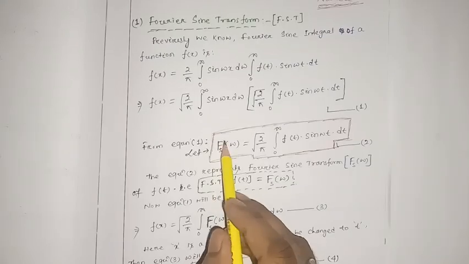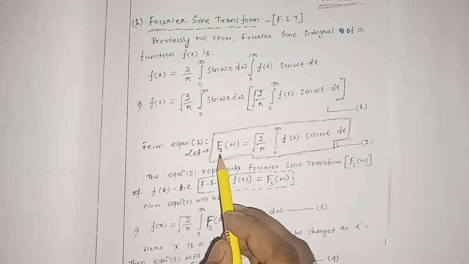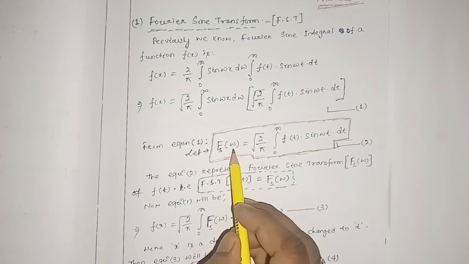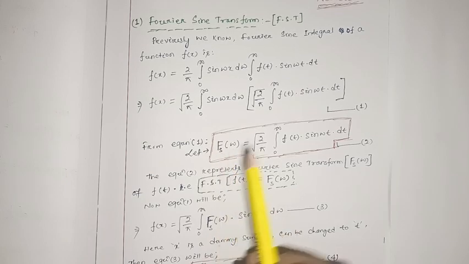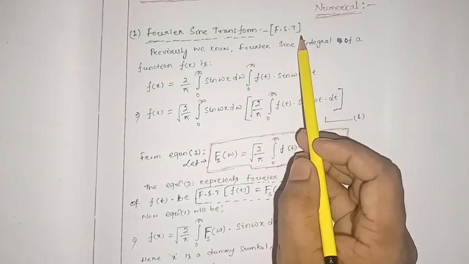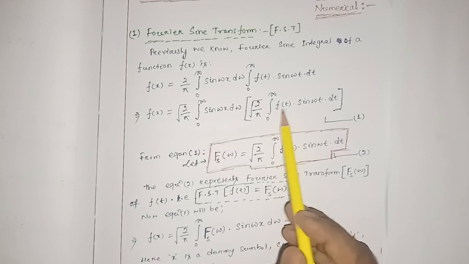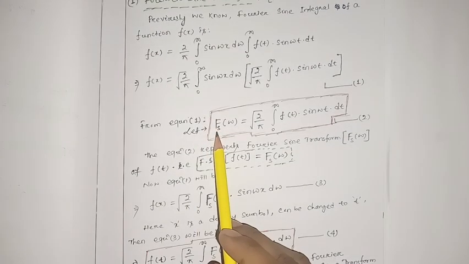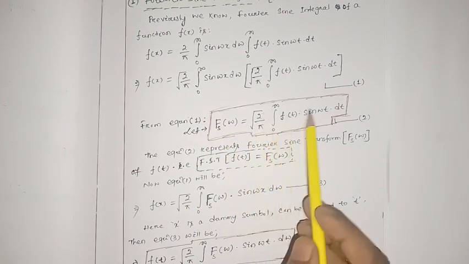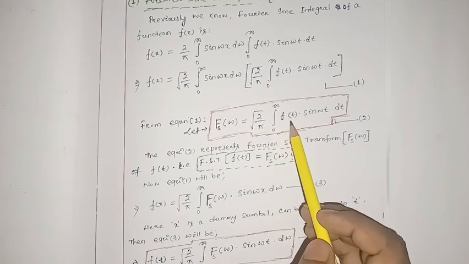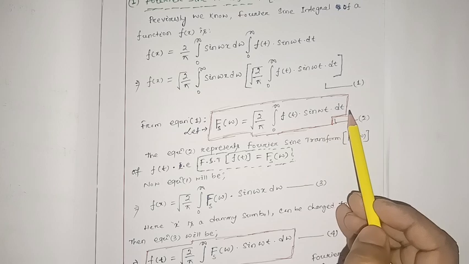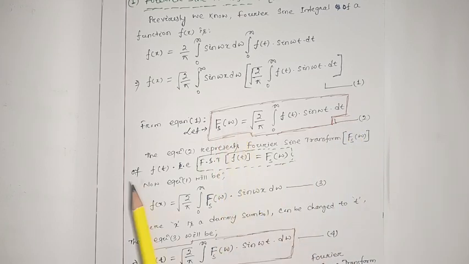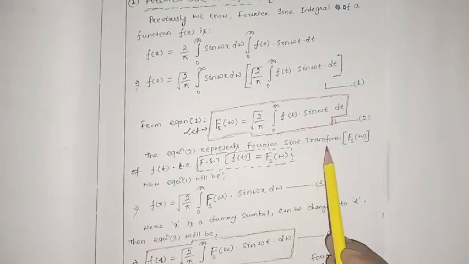Suppose that is capital F subscript s, function of omega. This is the so-called Fourier sine transform of small f of t. So capital F s omega, which is root over 2 by pi, integral 0 to infinity f of t sine omega t dt, represents the Fourier sine transform.